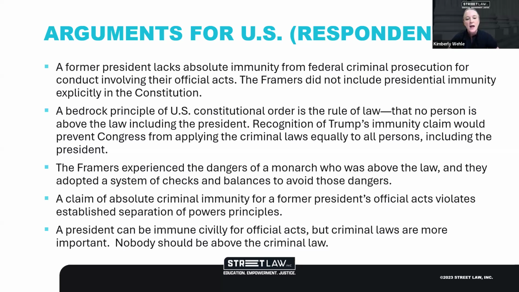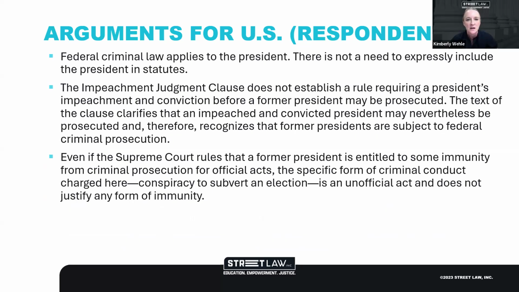On the civil versus criminal law question, the point is that there is a big difference between civil and criminal laws, and if you're talking about an accountable government, you really don't want presidents committing crimes. So there's more of a need for accountability, not less, because it's a criminal case. The impeachment clause, I think Justice Sotomayor might have made this argument in her dissent, actually makes clear that notwithstanding impeachment, people who are impeached can still be criminally prosecuted and convicted.